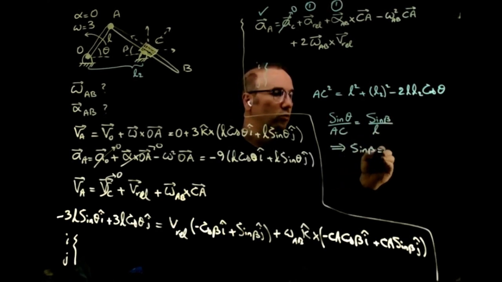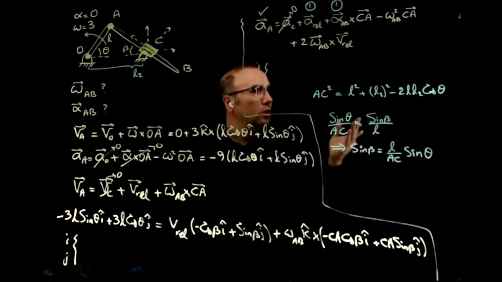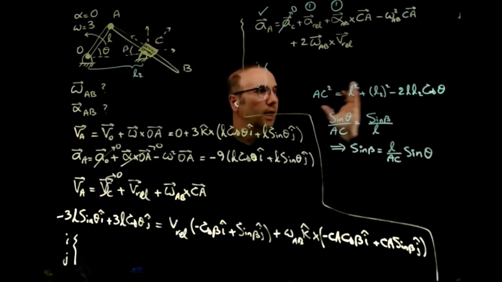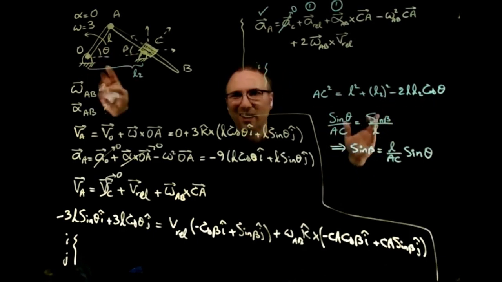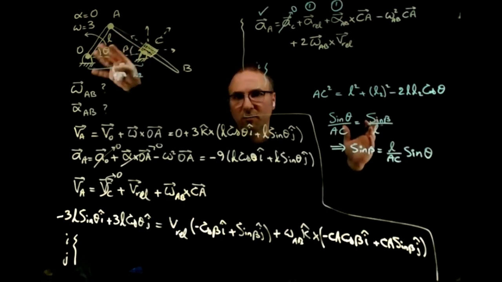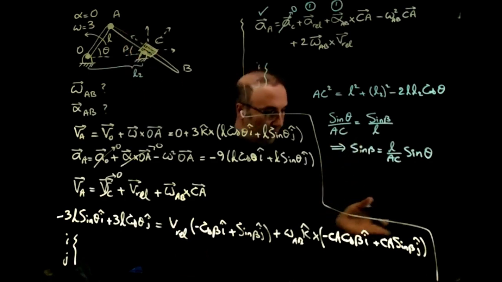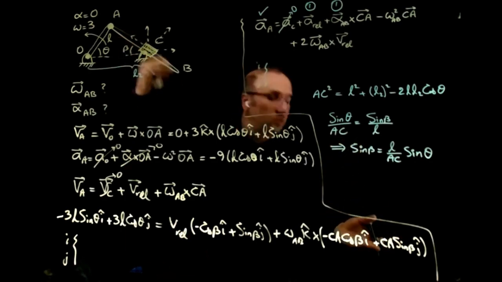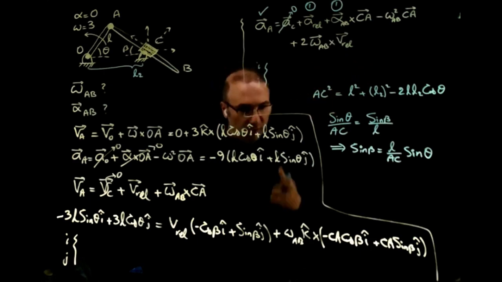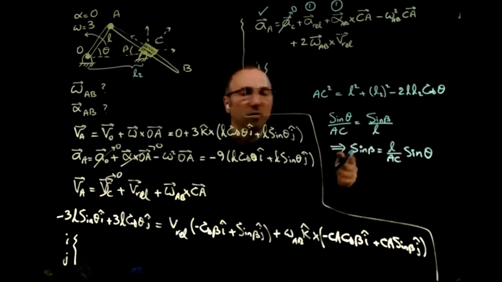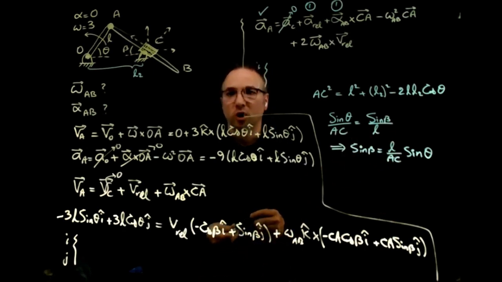Sine of beta equals L over AC sine of theta. So in other words, if we know theta, L2 and L, we know this triangle and every geometric value can be found, including sine of beta and the length AC, which we need, CA or AC, and also sine of beta and cosine of beta. So everything can be found from geometry, all right?